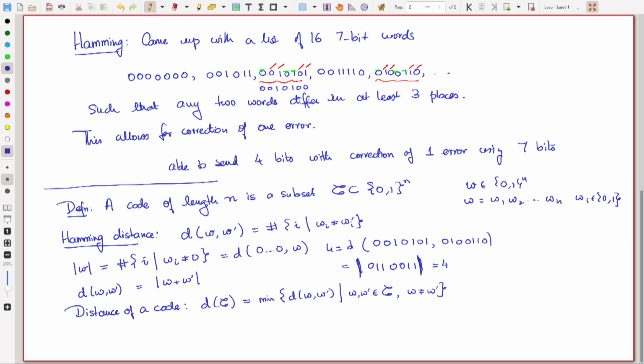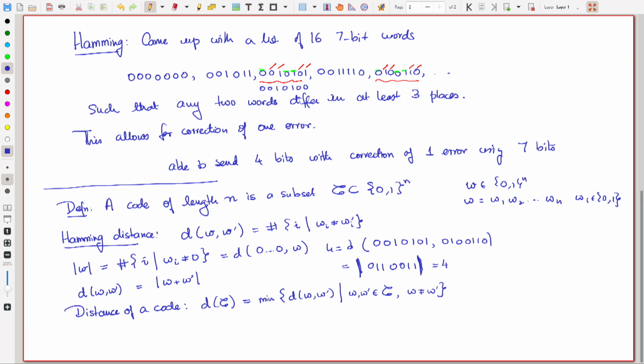So, any code will have distance at least, what is a code? It is just a subset of 0 1 to the n. If you take two distinct words, then they differ in at least one place. So, every code has distance at least 1, and that is not very useful for error detection or correction.